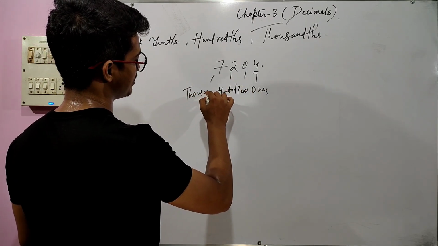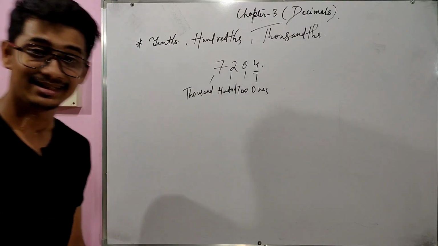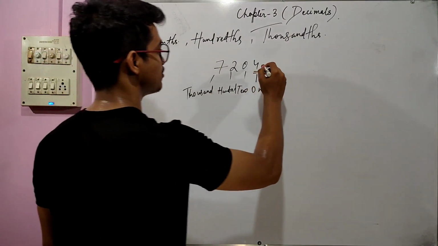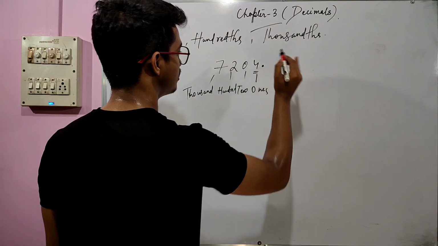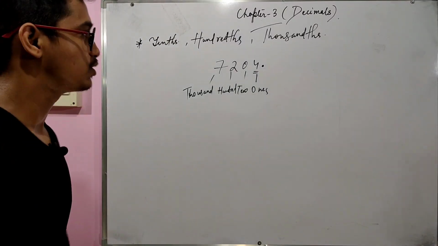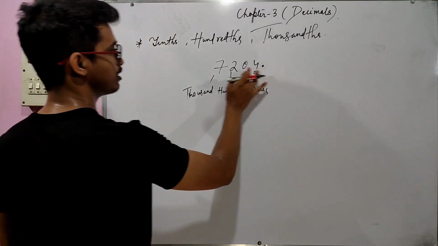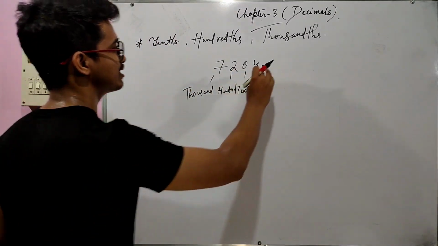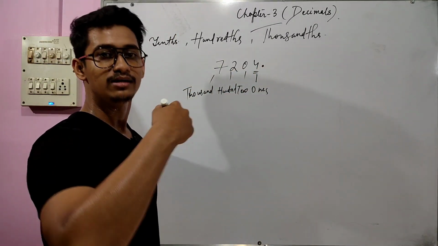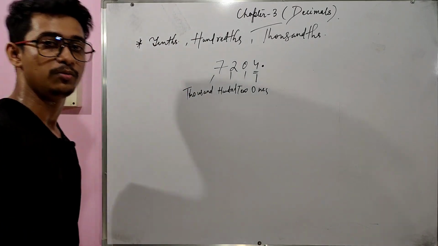The same system will be going on in the decimal point. So this is the distinction between decimal numbers and natural numbers, right? So after the point, the decimal digits come into play.